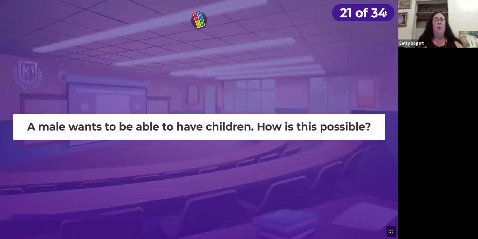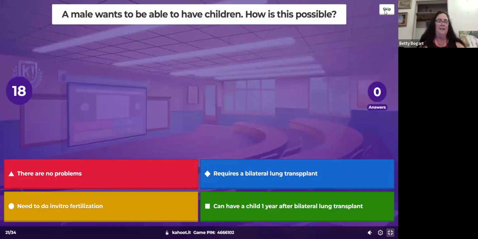A male wants to be able to have children who has cystic fibrosis. How is it possible? Remember, those vas deferens are clogged up with mucus.